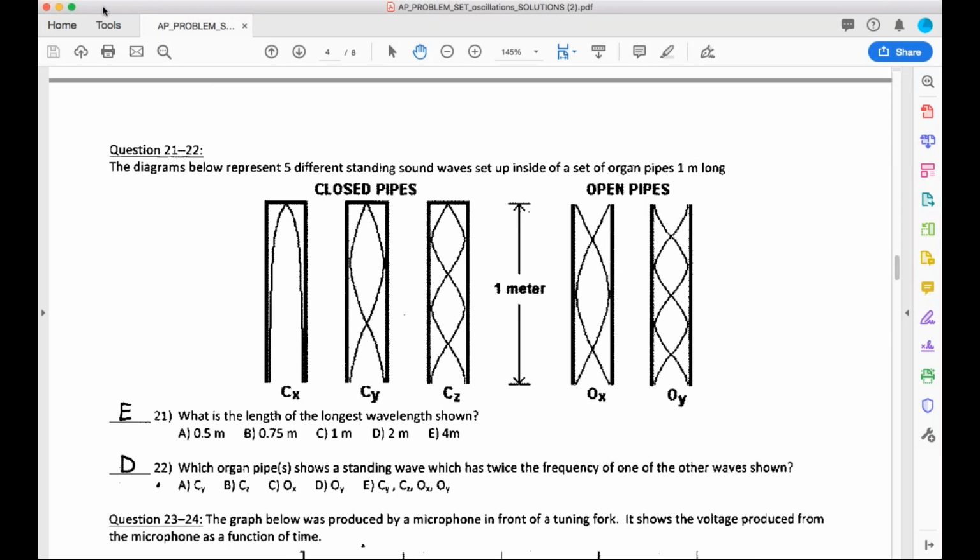So this question shows some standing wave patterns. This came up in the review session after school today. The sketches that are given are representing sound waves, both in open and closed tube pipes, but the sketches are of the displacement within the pipe.